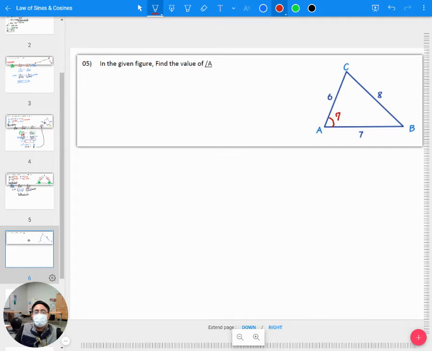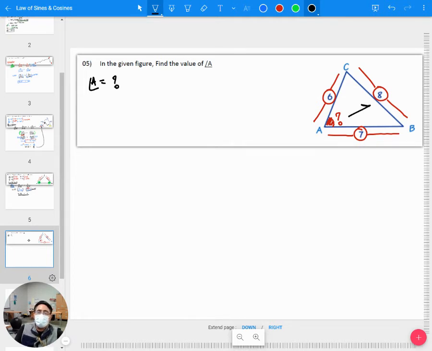I see that three sides are involved here. 7 is given, 8 is given, 6, and one angle is missing. Therefore, angle A is not known.